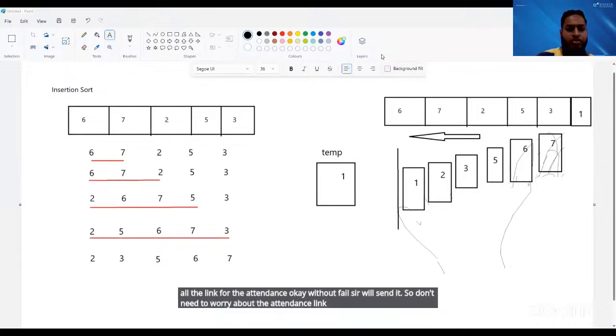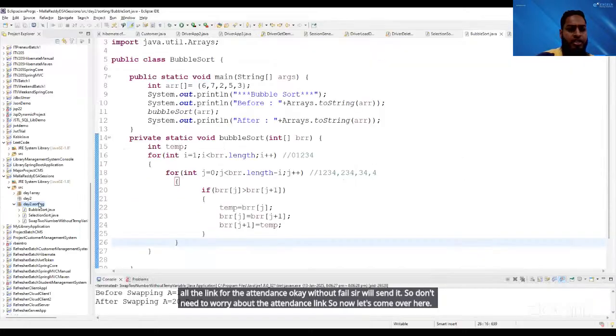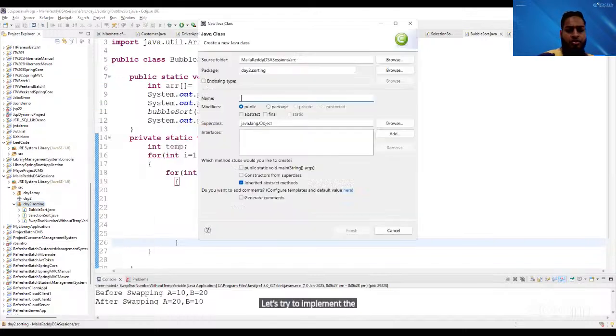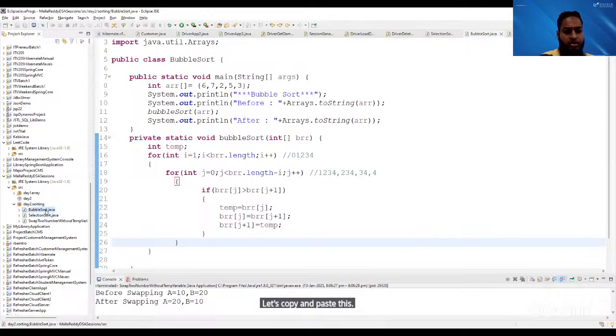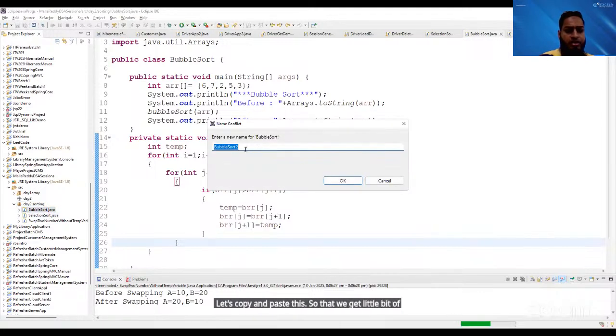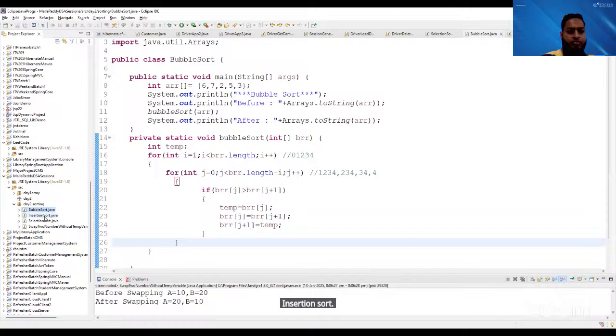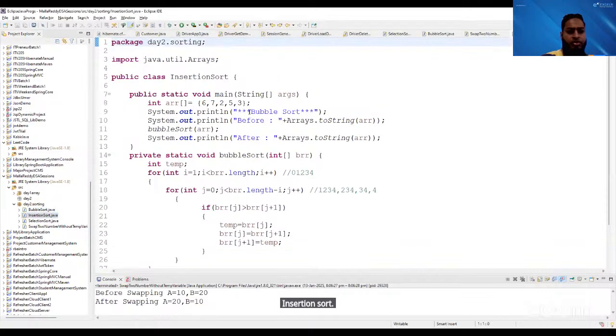So now let's come over here and let's try to implement the insertion sort. Okay. So let's copy and paste this so that we get a little bit of code ready, and we can rename it here.